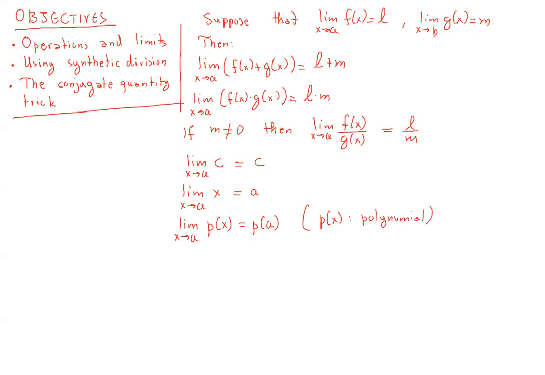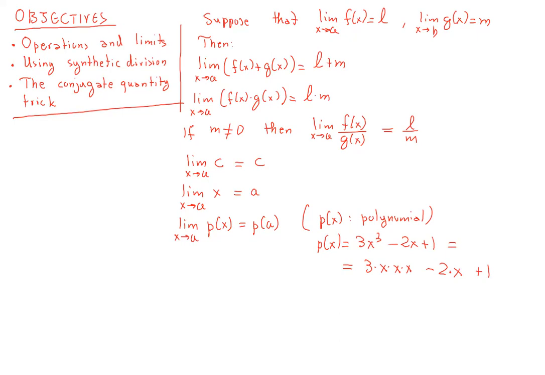Because a polynomial function is made up of the identity function by just multiplying it with itself. I mean, think about it. If somebody gives you the polynomial 3x cubed minus 2x plus 1, what is this really? It's 3 times x times x times x minus 2 times x plus 1. And so you have just multiplication and addition.